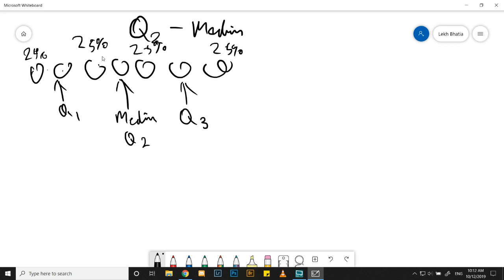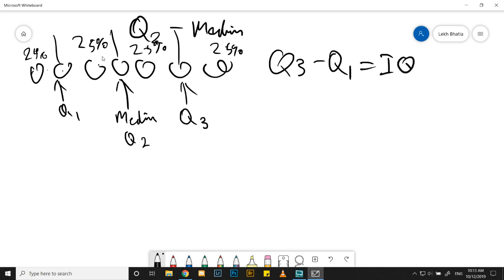What that tells us is that the interquartile range between Q1 and Q3 contains 50% of the data. Q3 minus Q1 is equal to the interquartile range of your data, and in that range it contains 50% of all data.